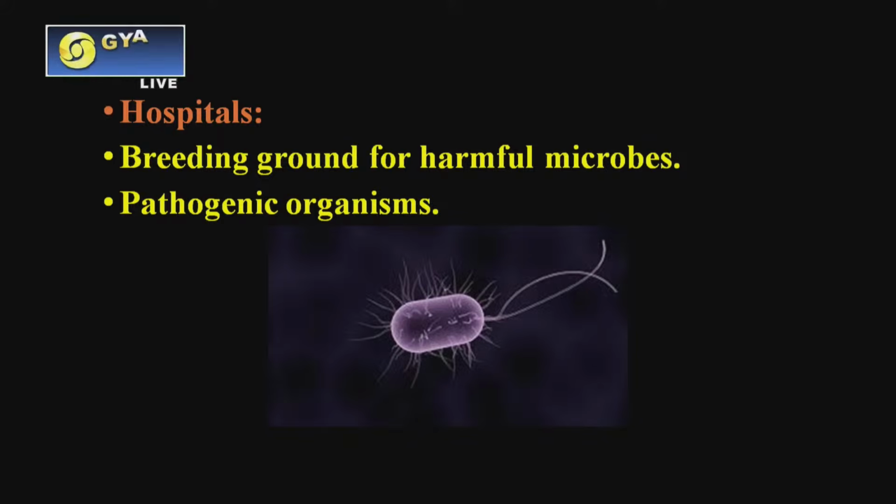This was just one or two of them which I have mentioned, but there are so many pathogens which can be transmitted from person to person, and which are also acquired in hospitals, known as nosocomial infections. Now the hospitals are breeding grounds for harmful microbes. We find pathogenic organisms, like we spoke about in the previous slide, and therefore they have to be treated with care.